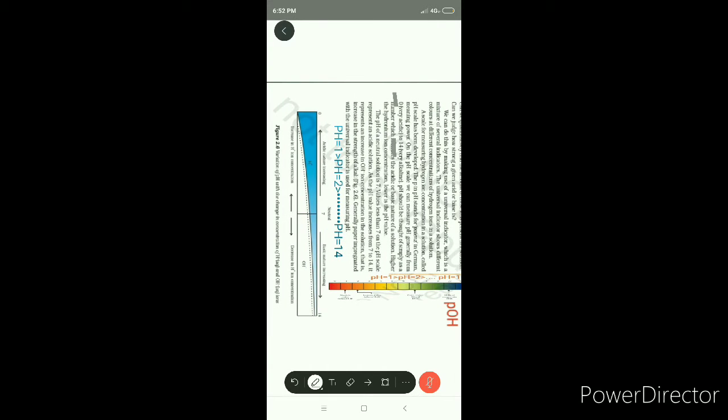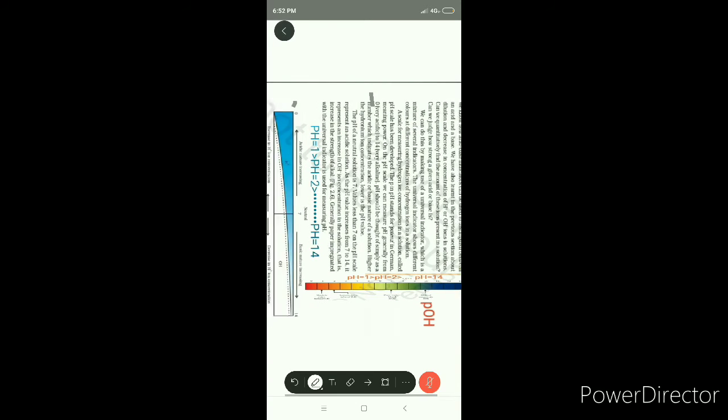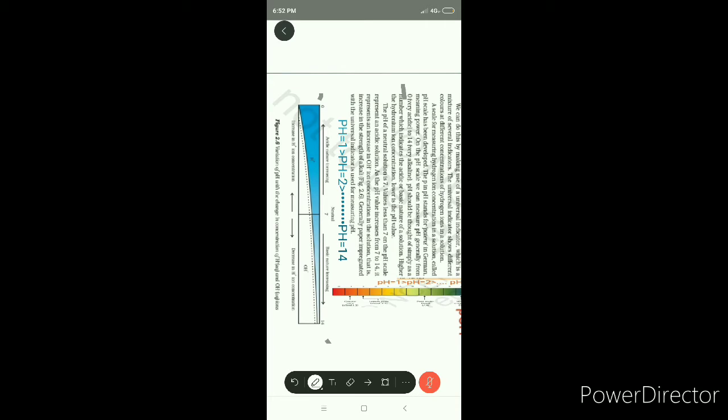Here I will show you the pH scale. This is 0 to 14. So this shows the variation of pH, the change in concentration of hydrogen ion and hydroxide ion.